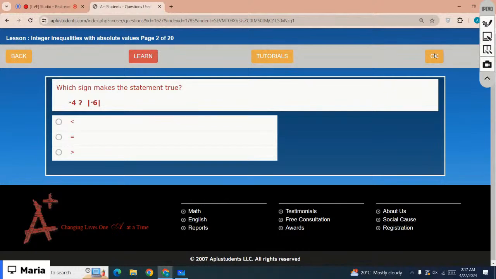Negative 4 is less than 6 because the absolute value of negative 6 is positive 6, right? Negative 4 is less than, because the absolute value of negative 6 is 6.